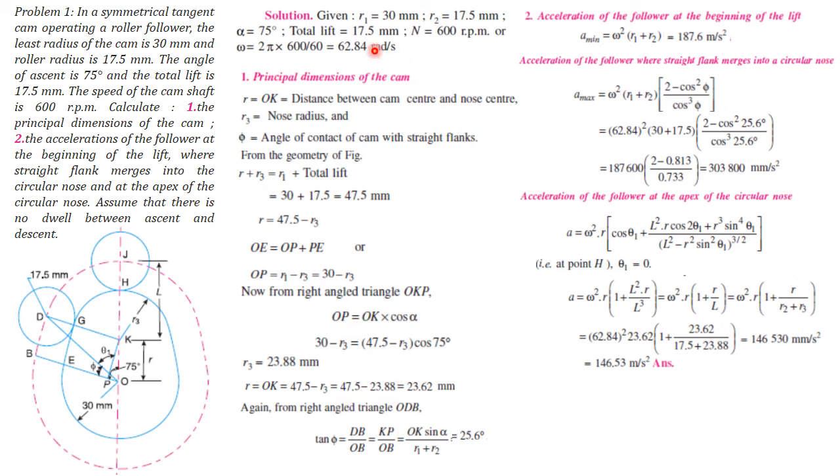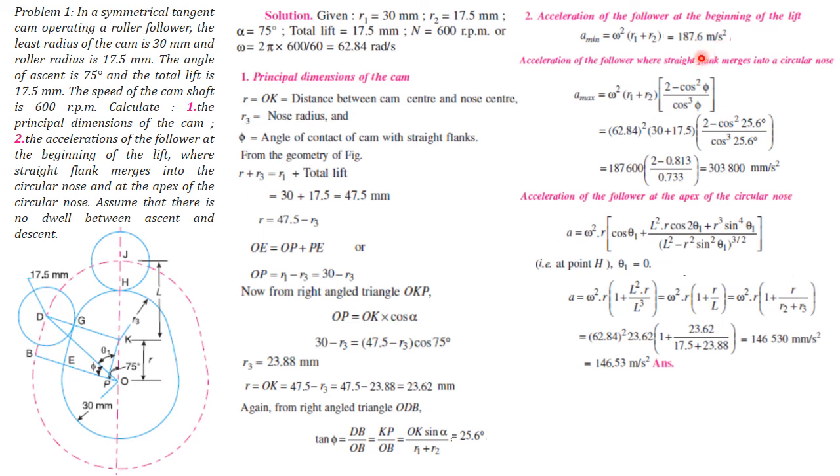Now as we have the value of omega, we can find the acceleration by the formulae that we had seen earlier. At the beginning of the lift, acceleration is minimum, and that acceleration is equal to omega square into R1 plus R2, and that value comes to us as 187.6 meter per second square.